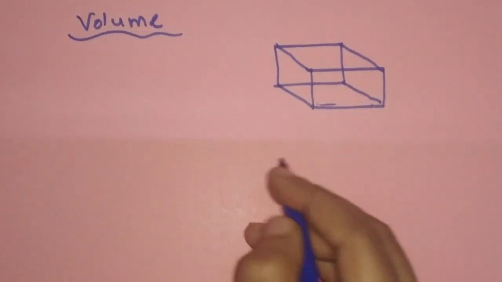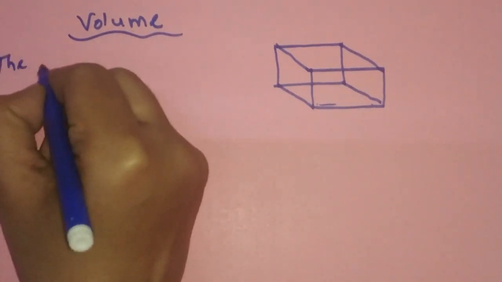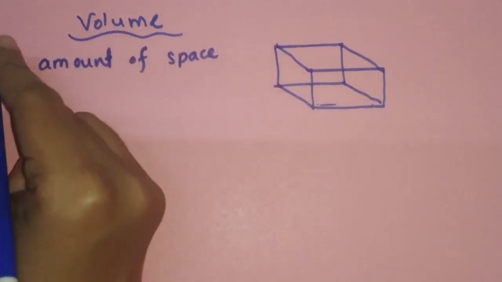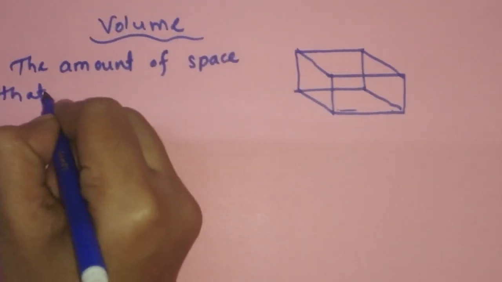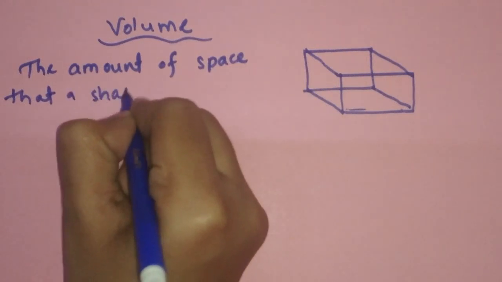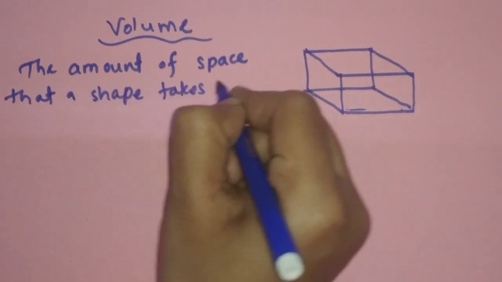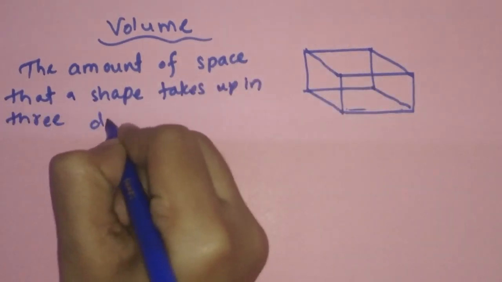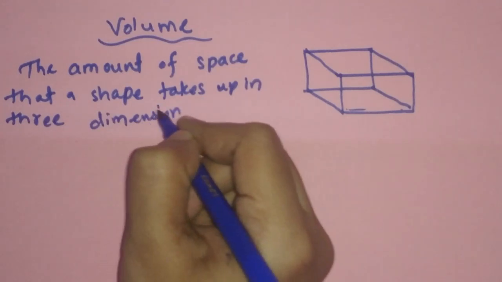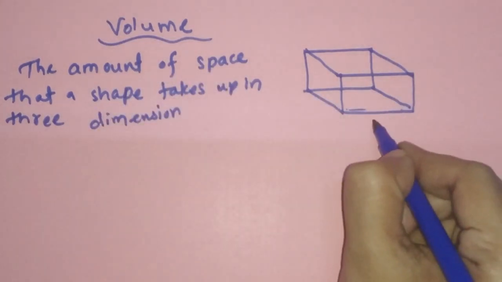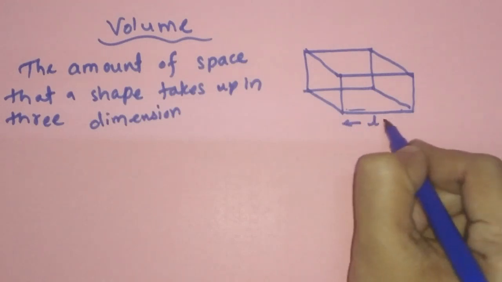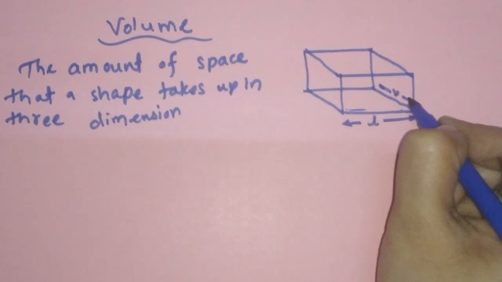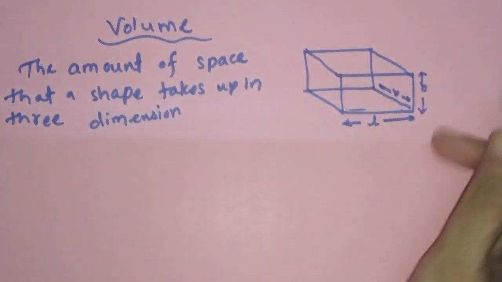Volume is the amount of space that a shape takes up in 3 dimensions. Suppose this is its length, and this is its breadth, and this is its height.